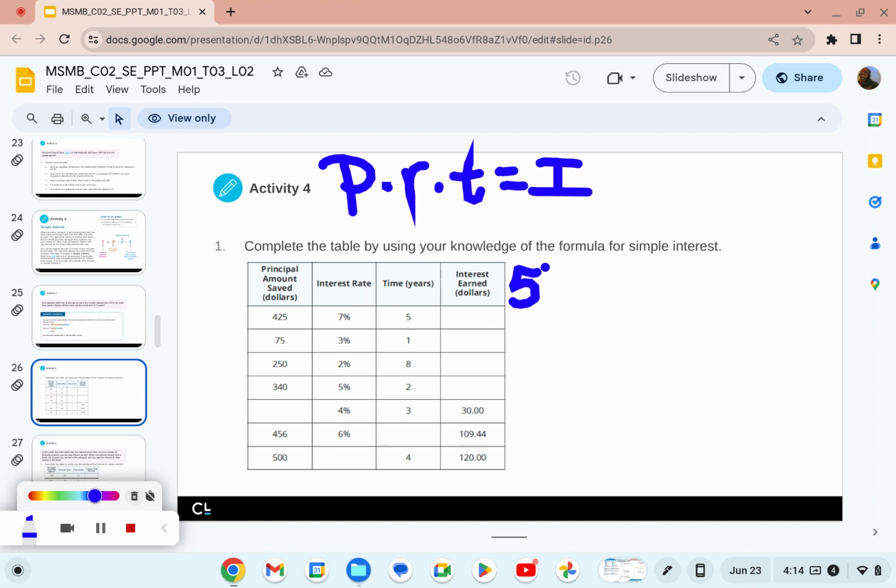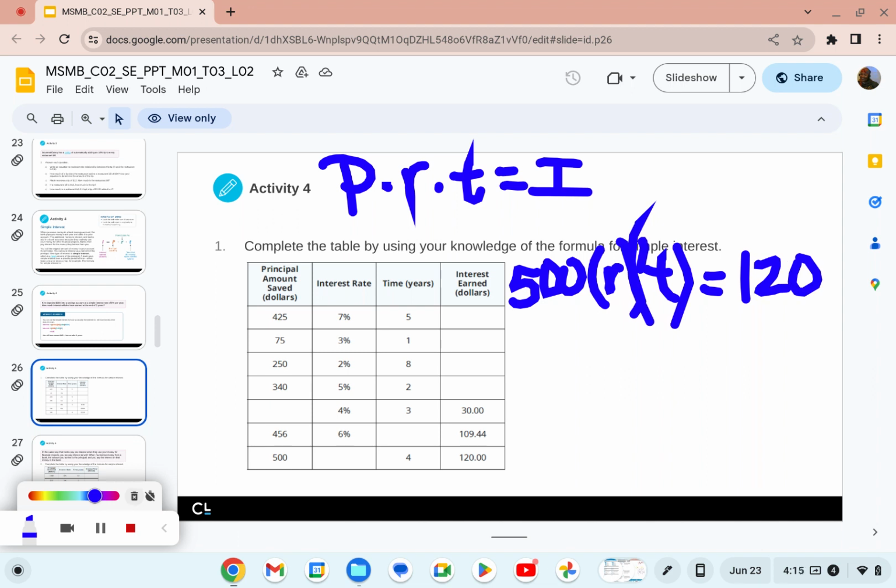So I have 500 times R times T equals 120, with T being 4. Remember that I can still multiply 500 times 4. 500 times 4 is 2000.